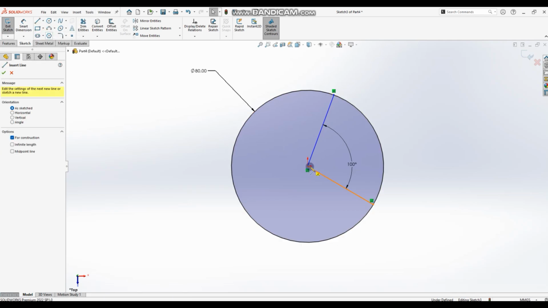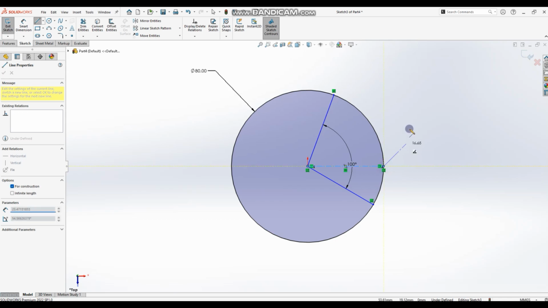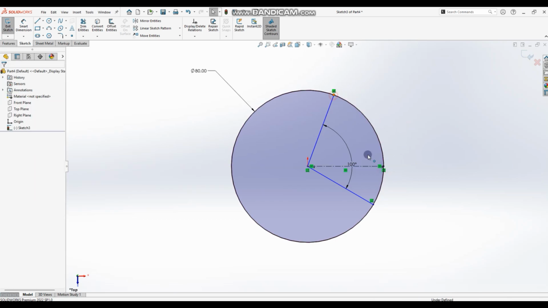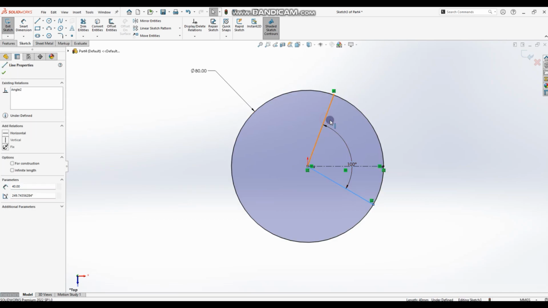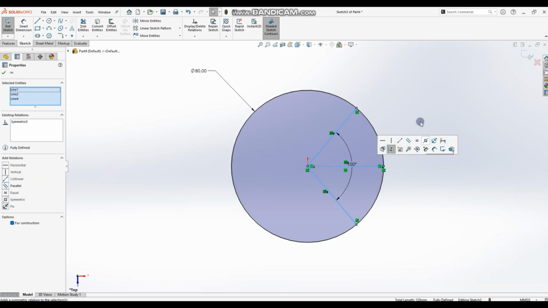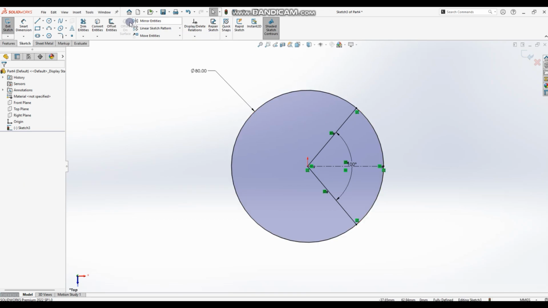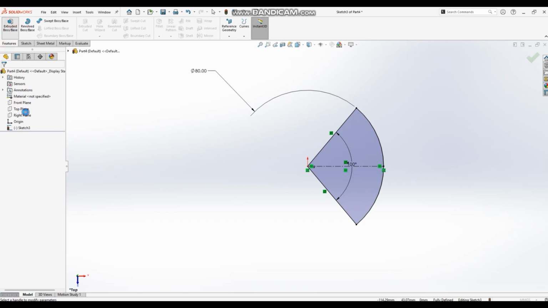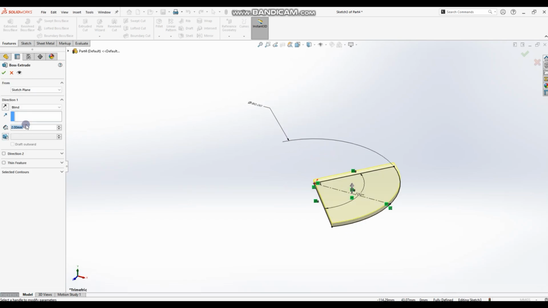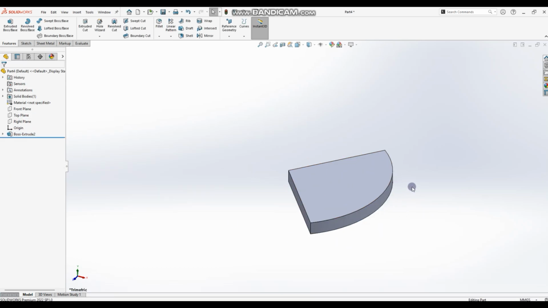Taking a center line, selecting this line, making symmetry on the center line, and trimming outside. So I provided 5 mm thickness.